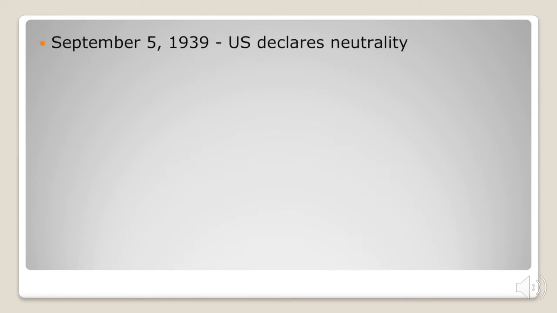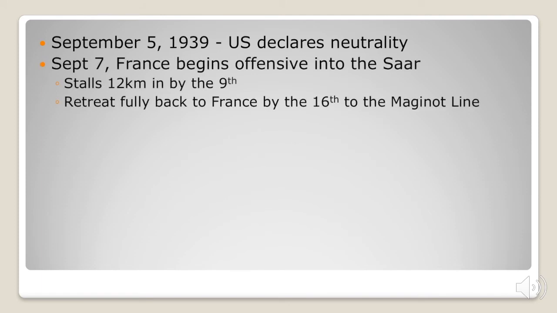So September 5th, the U.S. declares her neutrality. September 7th, France begins an offensive into the Saar. So remember that the Saar is that coal and iron producing, economically important region that is on the border between France and Germany.